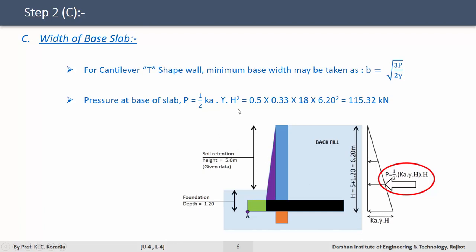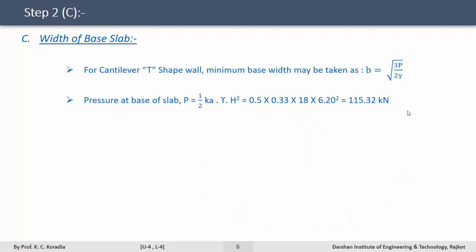Therefore, the formula comes out to be 1/2 base into height, that is 1/2 Ka gamma h into h, which comes out to be 115.32 kilonewton. Substituting the value of P and gamma in the equation of B, we get the base width as 3.1 meter.